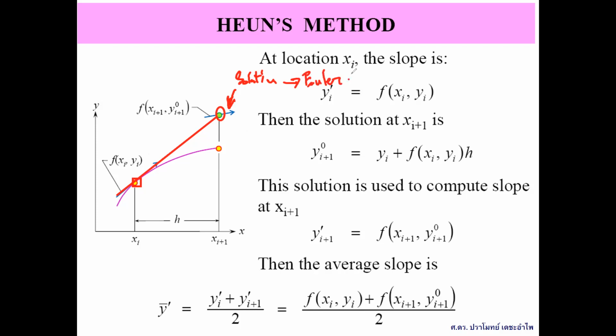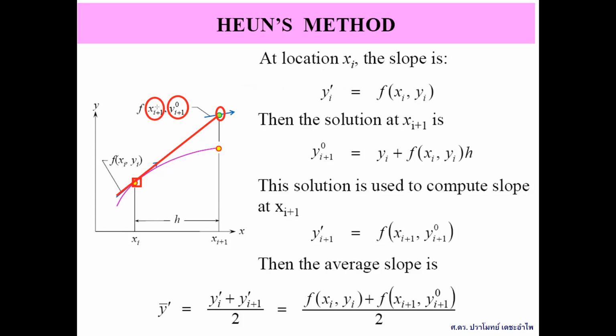But actually we will not use the Euler, because we know that the Euler will not give us the correct solution. So we will adjust it by using this point. We already know y at this point, and x.